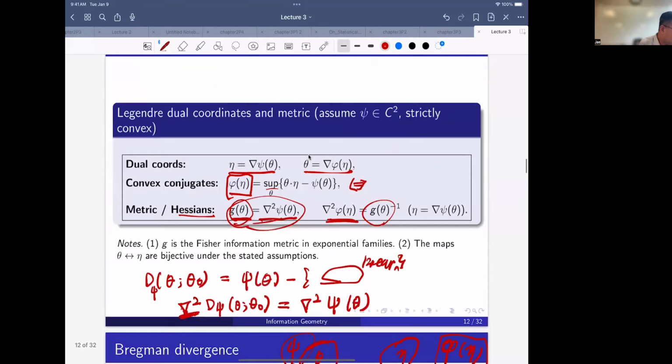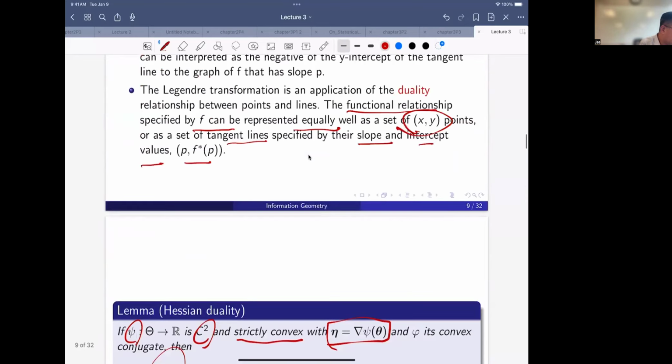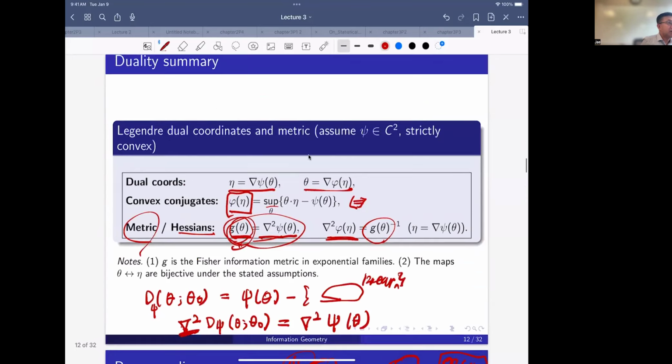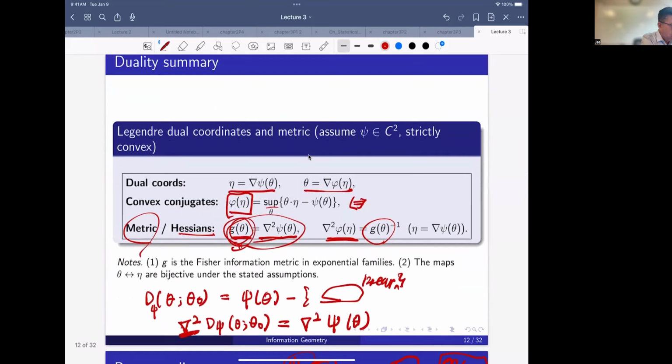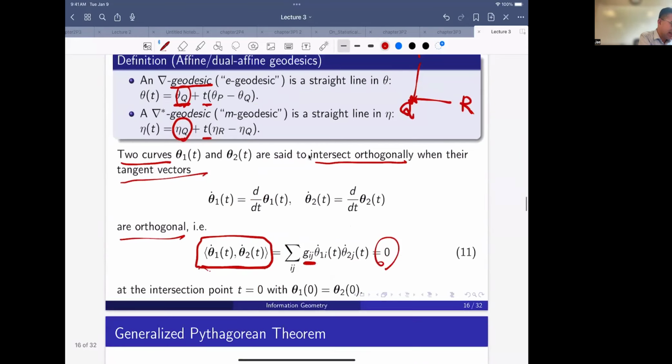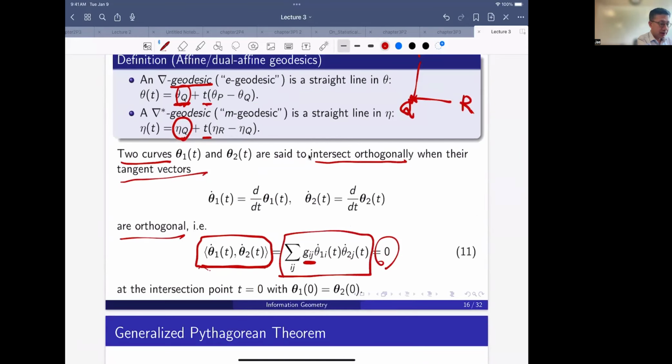When you define the inner product of two vectors, that actually involves G, which is this one. So we want to show that this is equal to zero at t equals zero.